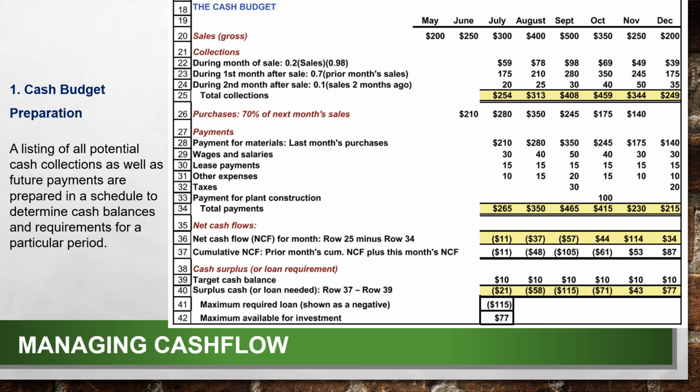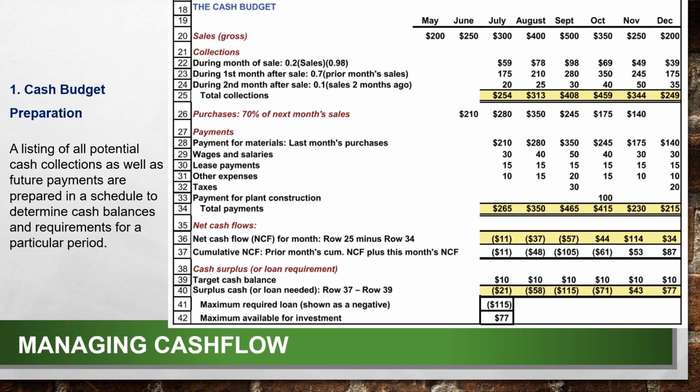So for a company, the monthly cash budget begins with a sales forecast for each month. If you can recall your short-term budgeting, your budget starts with a sales forecast, right? Then you project the actual collections.